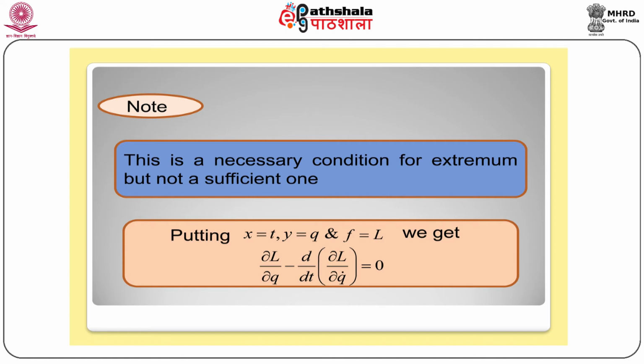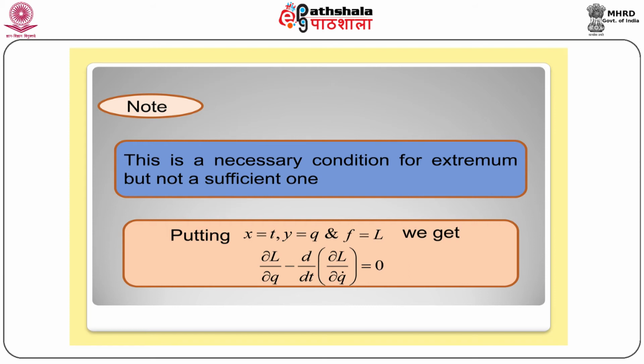If we set x equal to small t and y equal to small q, q is the generalized coordinate, small f equal to capital L, where L is the Lagrangian of the system, then equation 8.4 takes the form first order partial derivative of capital L with respect to small q minus ddt of first order partial derivative of capital L with respect to q dot equal to 0.